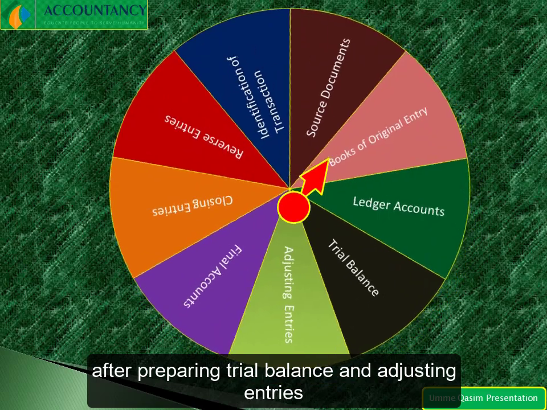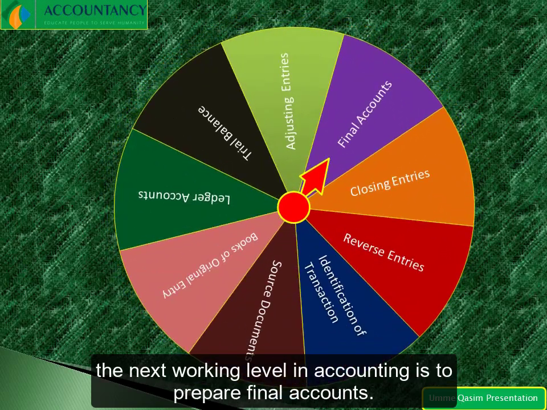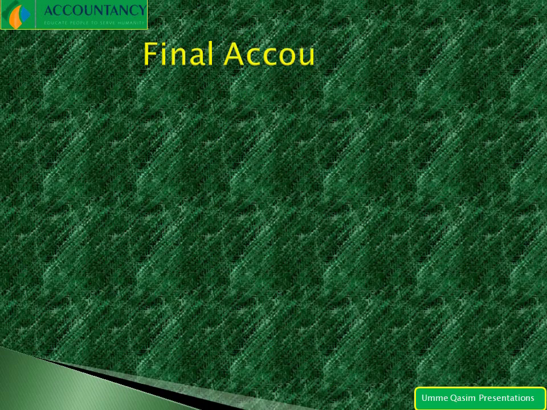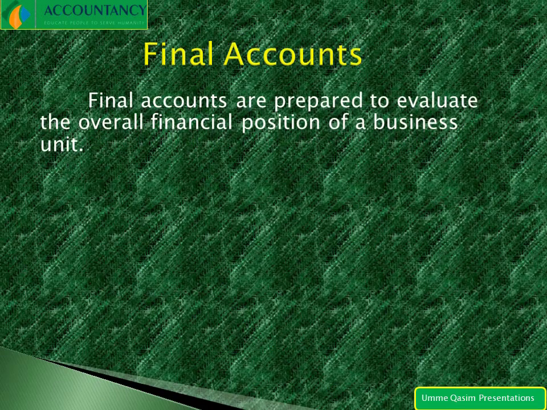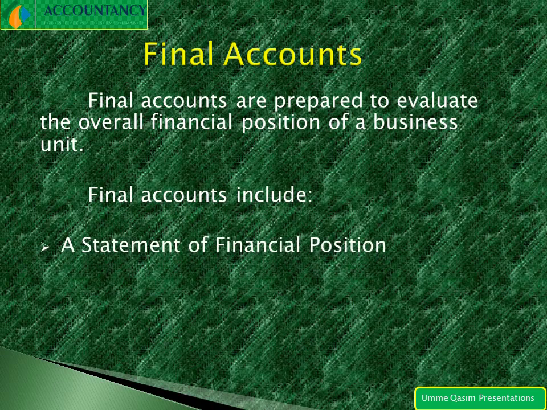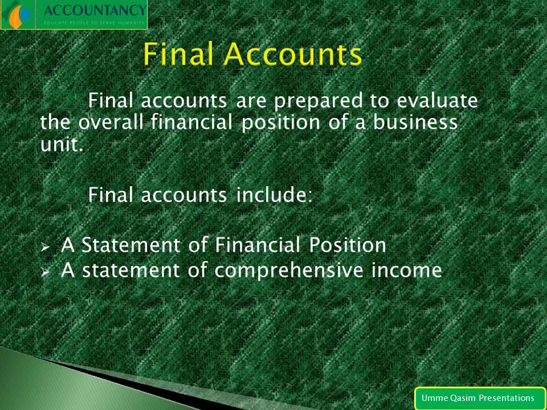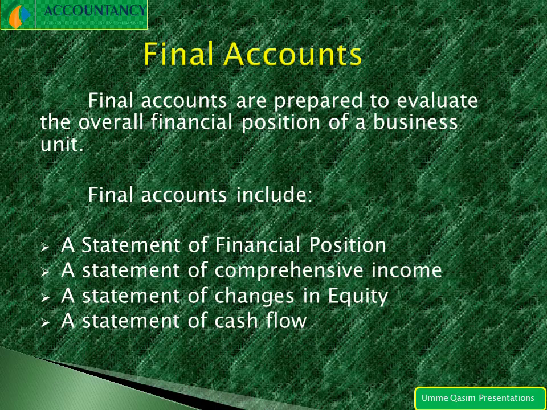After preparing trial balance and adjusting entries, the next working level in accounting is to prepare final accounts. Final accounts. Final accounts are prepared to evaluate the overall financial position of a business unit. Financial accounts includes a statement of financial position, a statement of comprehensive income, a statement of changes in equity, a statement of cash flows, notes to the financial statements.